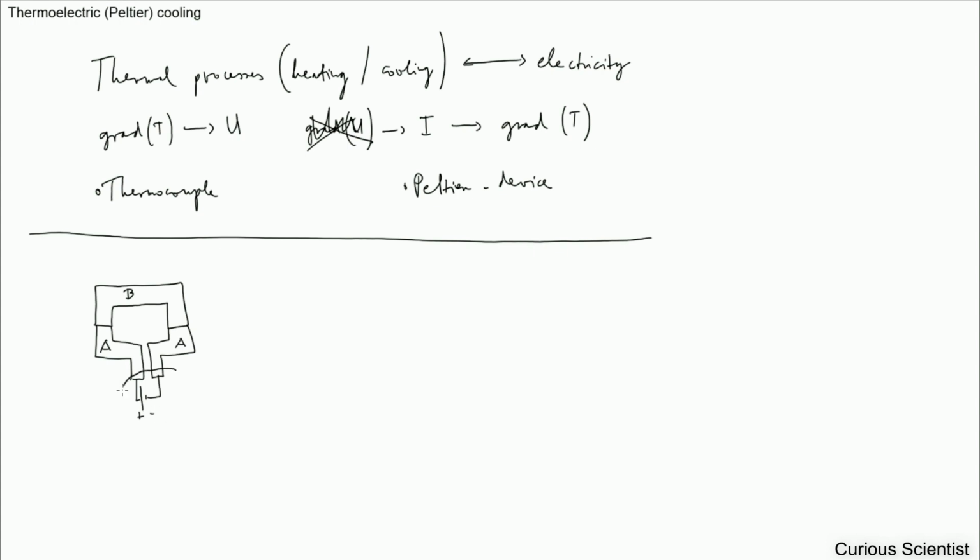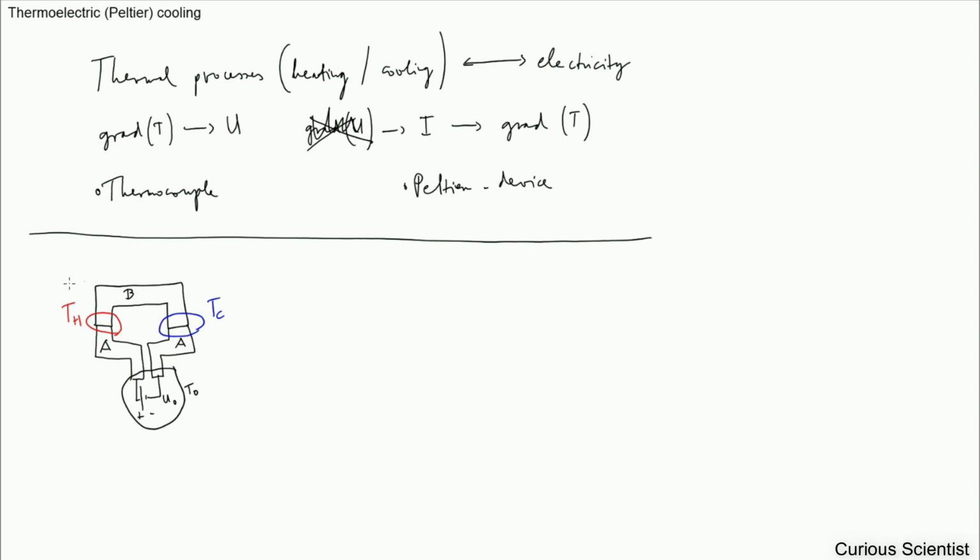So this point of the circuit is T0, and then we have U0 at this moment. And then let's say that this point of the circuit is TH, H stands for hot, and then this point of the circuit is TC, C stands for cold.